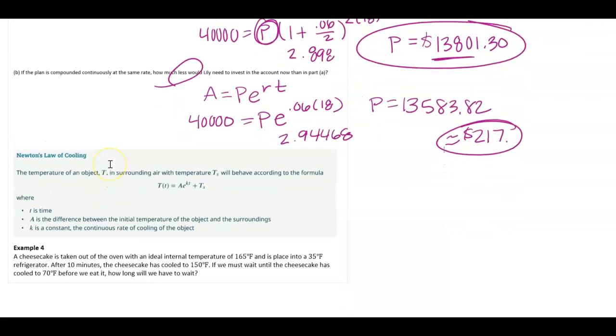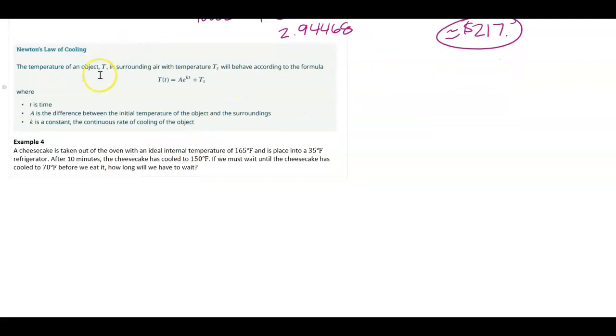All right, the last piece of exponential application problems that we would want to look at here is Newton's law of cooling. T is time. You have an initial temperature, you have the temperature of the surroundings, and you end up having this exponential decay type situation where A is the difference between the initial temp and your surrounding temp.